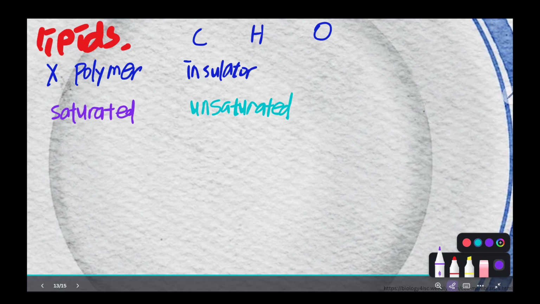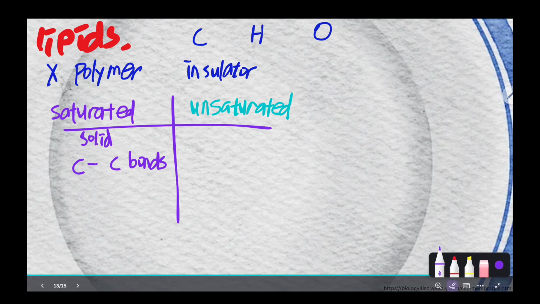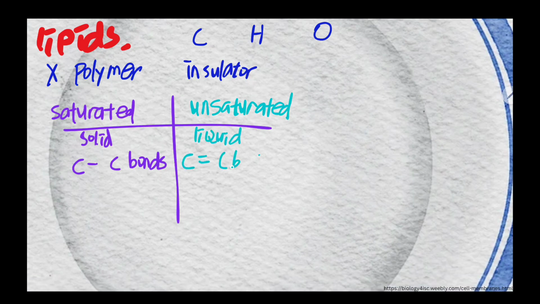Now for saturated, they were solid and had single C to C bonds, while for unsaturated, they were liquid and had double bonds.